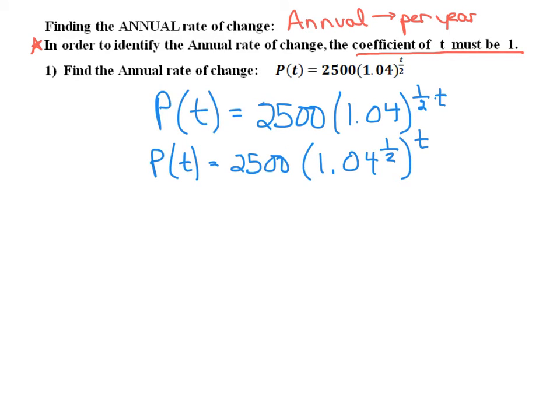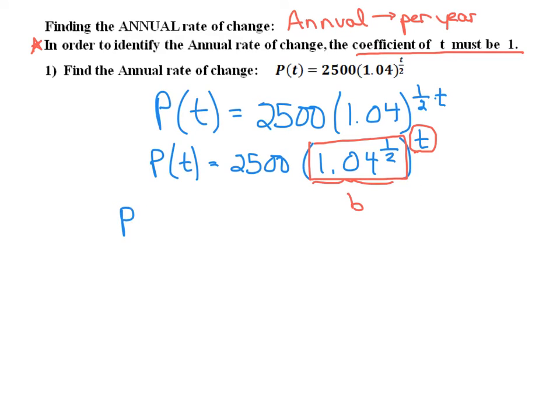So you'll notice that we've gotten to our goal of having just 1t as our exponent. So this number right here, the 1.04 to the 1/2, is really going to be our b value. I'm going to go to my graphing calculator, and I'm going to do that portion on my calculator, the 1.04 to the 1/2, so that I can find the actual value of b and calculate my annual rate of change.